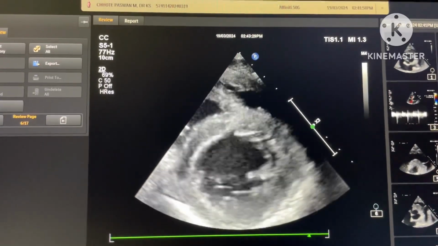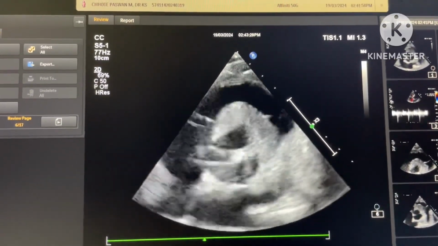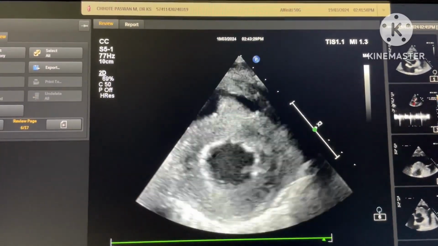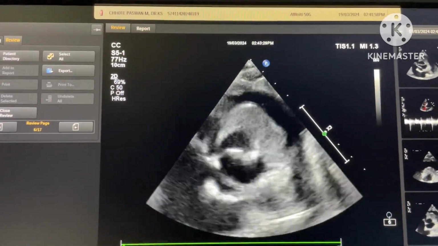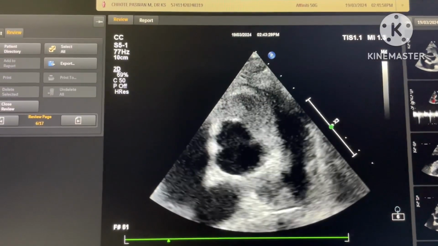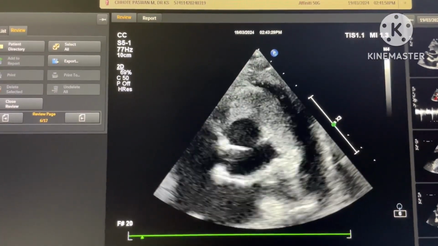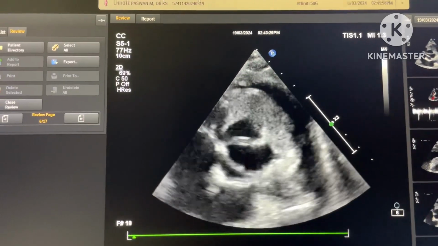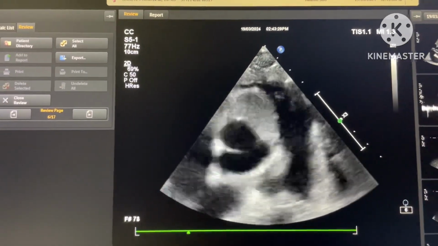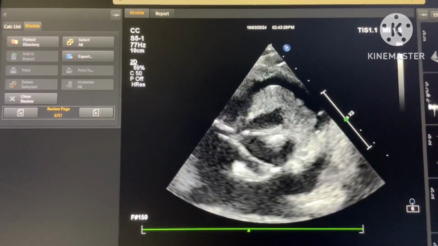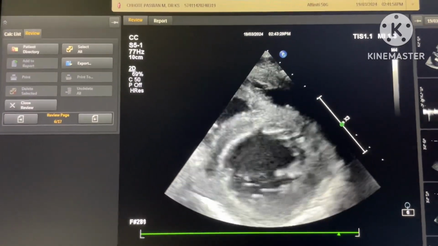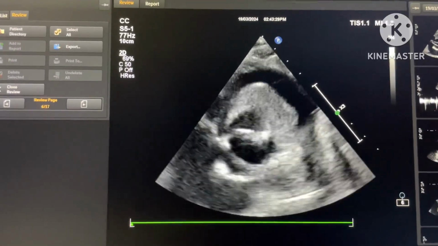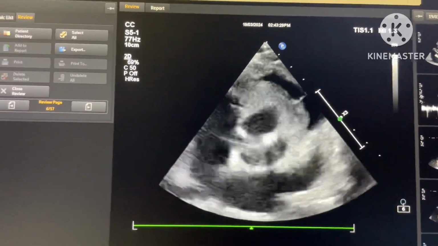So clearly this is bicuspid aortic valve, aortic root abscess, and having vegetation. In this image we are not getting vegetation. I will show in other images.